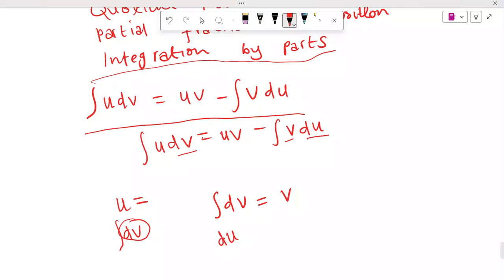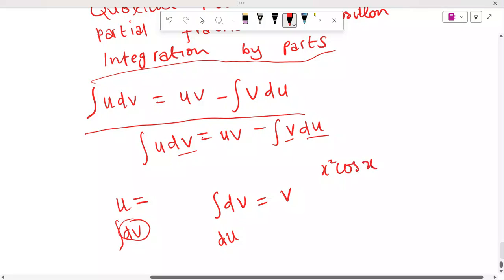So how you decide is this way. If you're given a function, let's say x squared cos x dx, which one do you pick to be u and which one dv? You pick a function which is easy to differentiate as u, and dv will be the part which is easy to integrate.